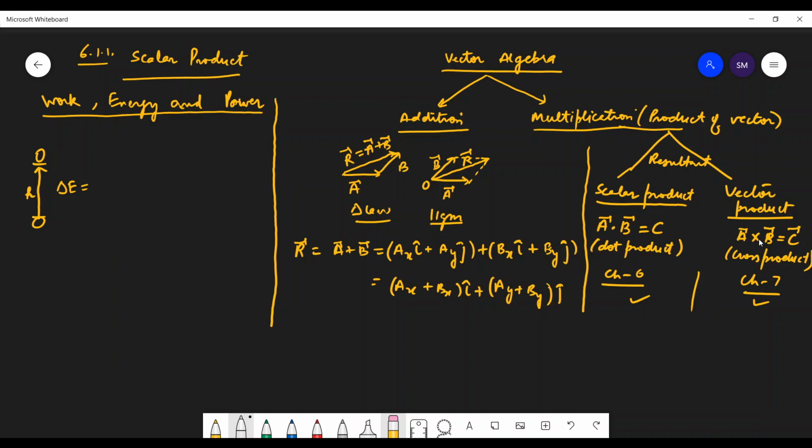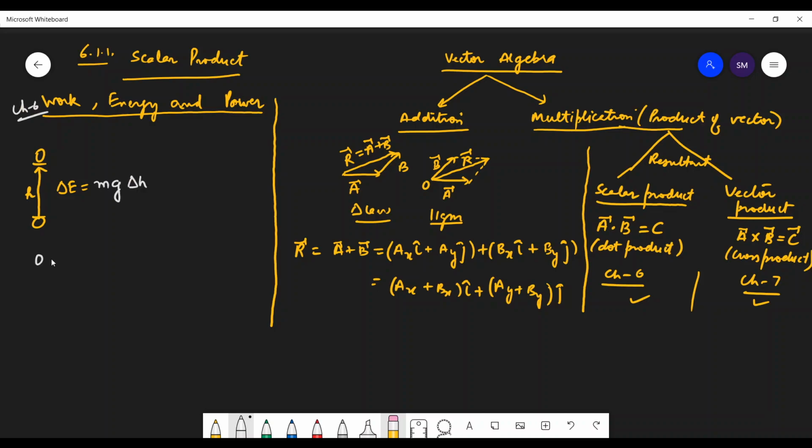The title of our chapter 6 is work, energy and power. Suppose a stone is lifted to height h, so obviously its potential energy will be changed by mg delta h.